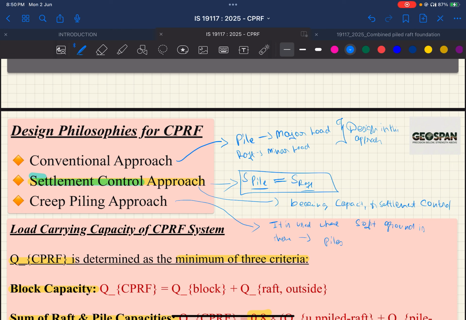So at the end, for CPRF, the design generally follows the settlement control approach, as I said before, to meet the serviceability requirements. This ensures that the foundation performs well over the structure's lifespan by controlling settlements.